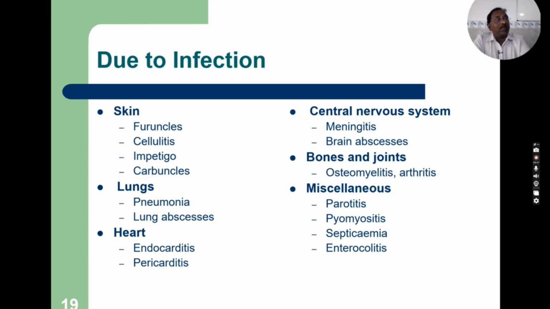Bones and joints, osteomyelitis and arthritis, mostly we see in ortho wards. A lot of people are infected post-operatively. So it's all because of the staph causing osteomyelitis and arthritis. And others, septicemia, enterocolitis, pyomyositis, parotitis. So these are all very commonly seen by physicians. So all these infections.